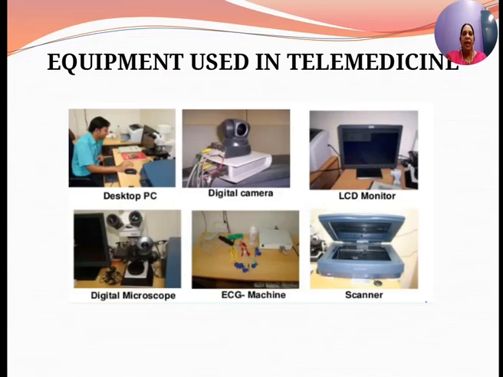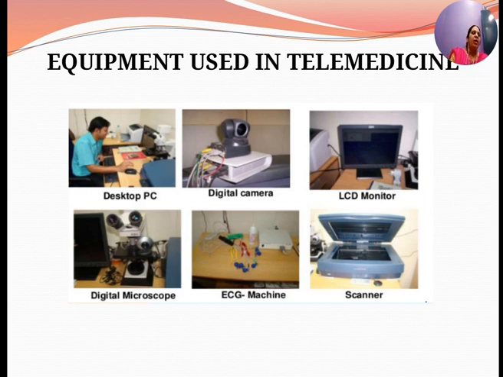So what is the equipment used in telemedicine? There are several pieces of equipment. A desktop PC is required. Then we need a digital camera, an LCD monitor, digital microscope, ECG machine or scanner.